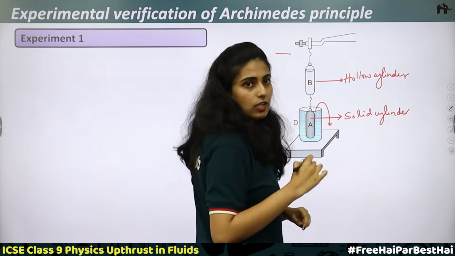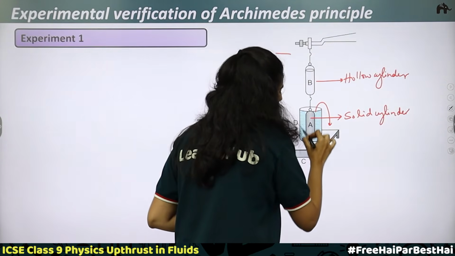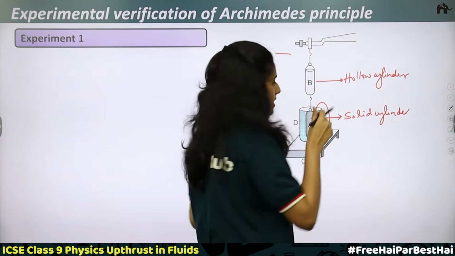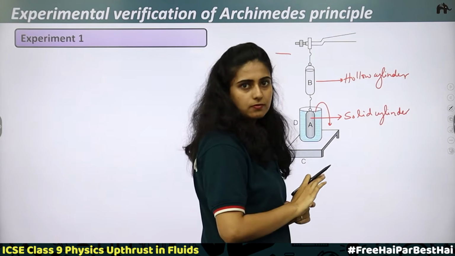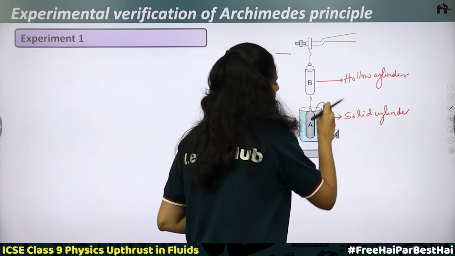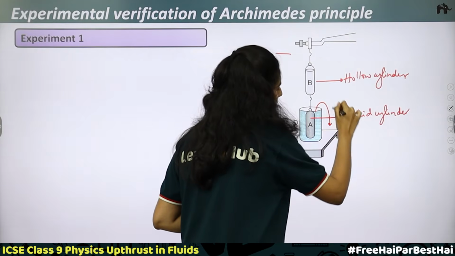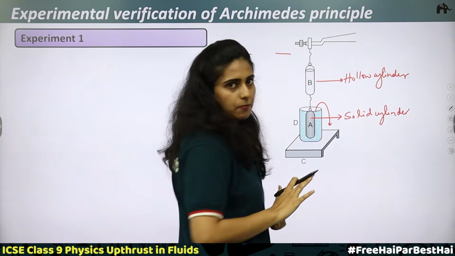Water will start coming out because the solid cylinder A needs some space to occupy. So for it to occupy, water gets displaced from the beaker.